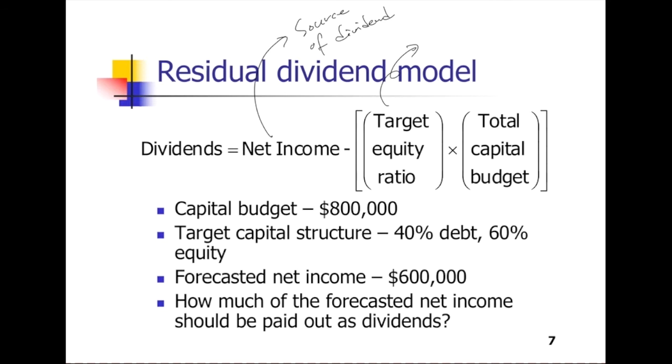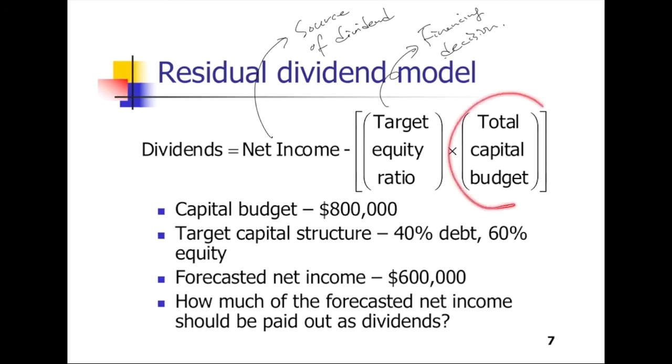Yeah, from the financing decision, right? The financing decision is about optimal capital structure, the optimal debt proportion which maximizes our firm value. In this example, that is 40% debt.